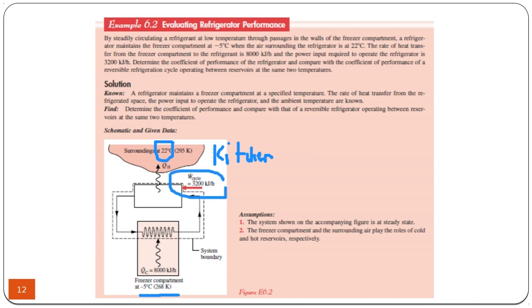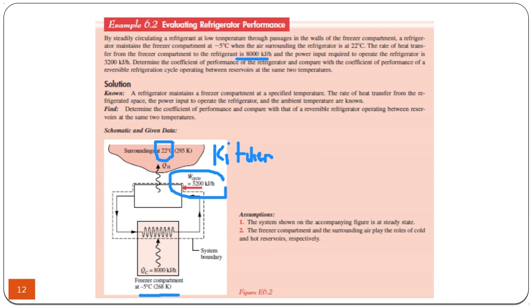So the amount of work is also given. So it says that the cooling performance is 8,000 kilojoules per hour. The work addition is 3,200 kilojoules per hour. And it's asking the COP of the system.